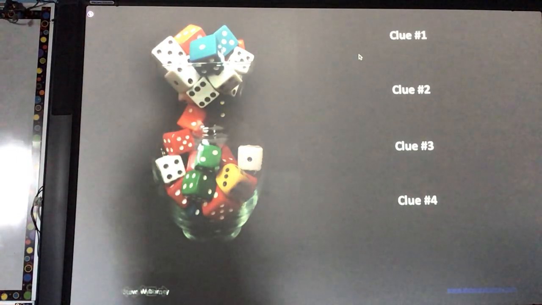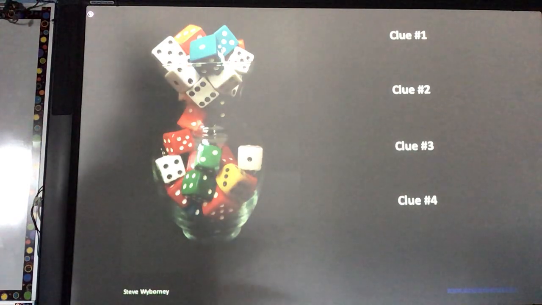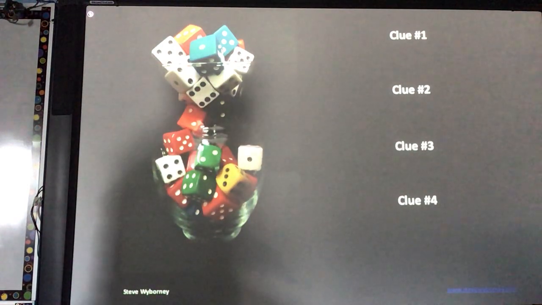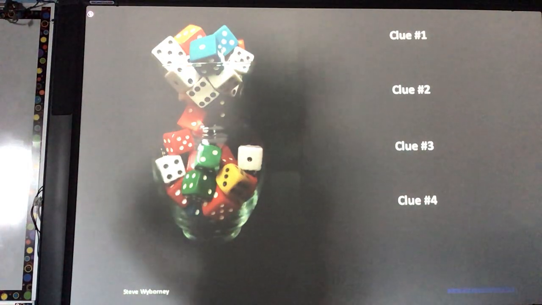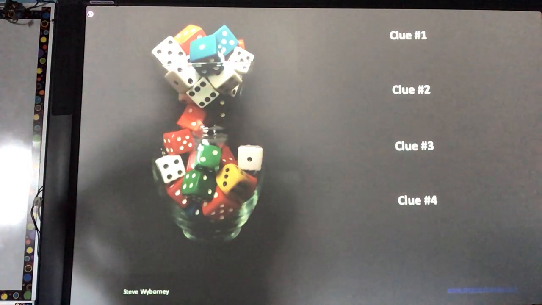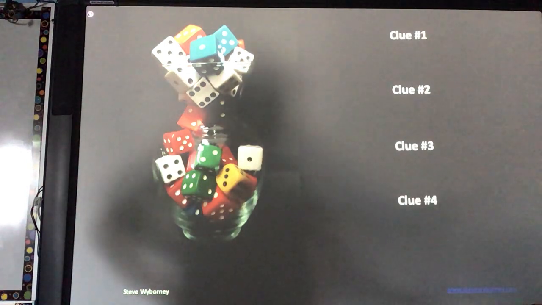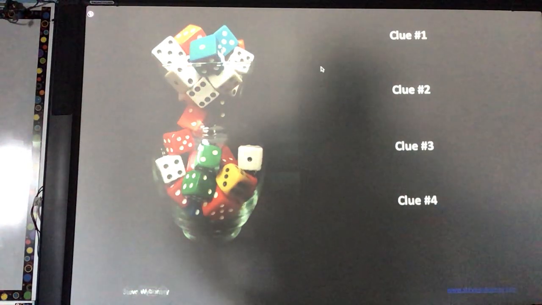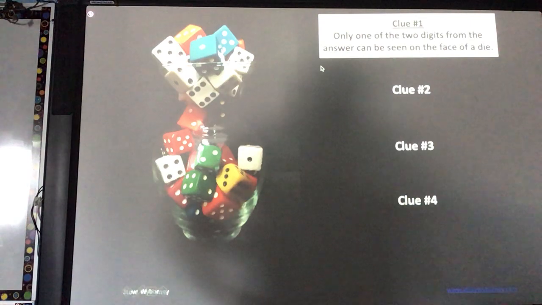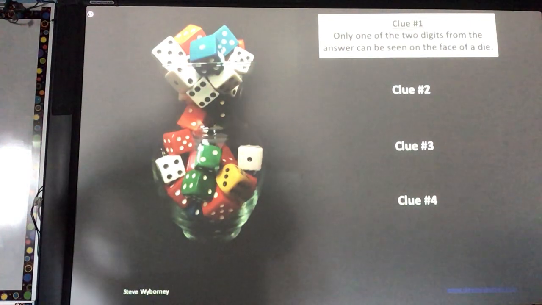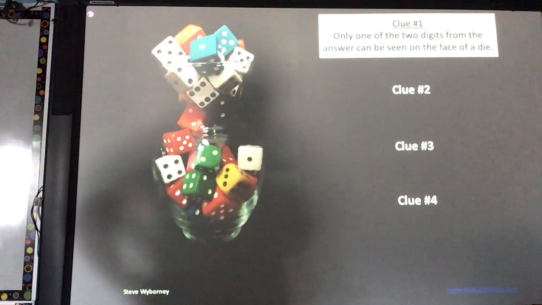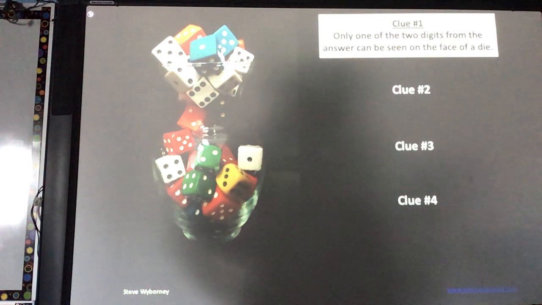Everybody write down a number now. How many dice? All right, here we go. Clue number 1. Only one of the 2 digits from the answer can be seen on the face of a die. So your answer has to be a 2-digit number, is what they're telling you.